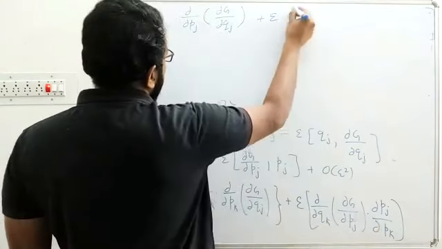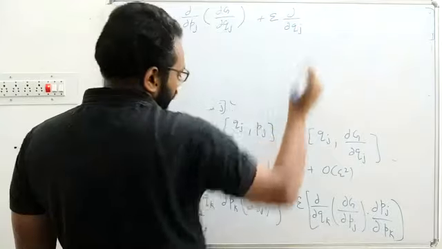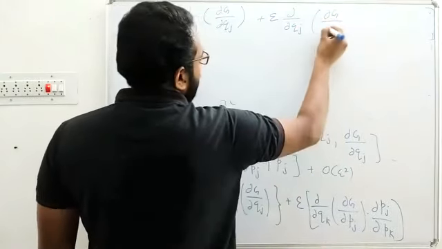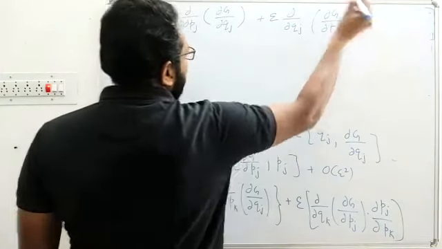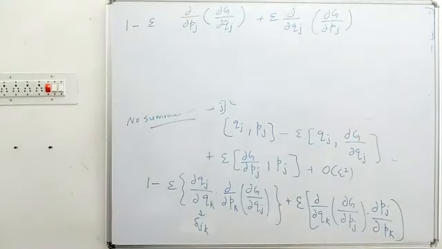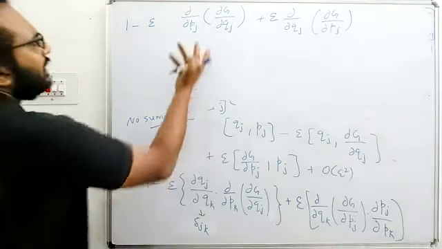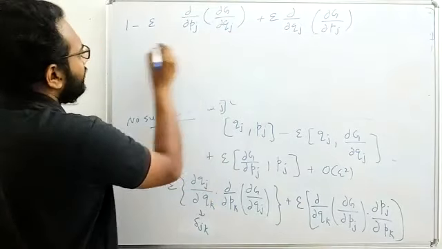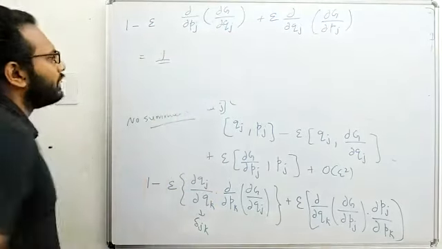So this is ∂/∂qj of, again, no summation over j, right? So this is 0 because the partial derivatives can be interchanged, right? This pj and qj can be interchanged. So that's equal to 0. So you get that it's equal to 1.